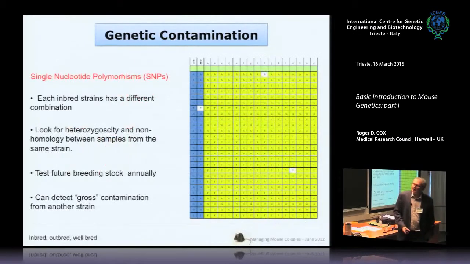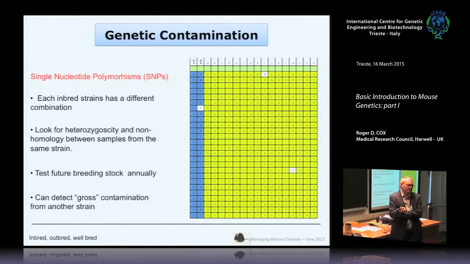The other risk is genetic contamination. If the wrong mouse gets in the cage, and you're dealing with thousands of mice, these things can happen. So you need strategies in place to look for genetic contamination if you're a colony manager. As I said, we know the sequences of these strains, and we can genotype them with single nucleotide polymorphisms.